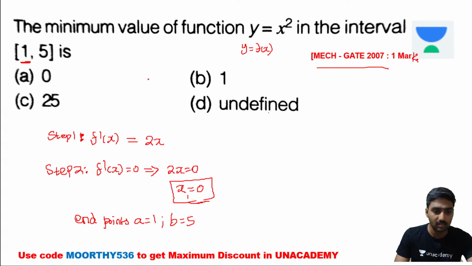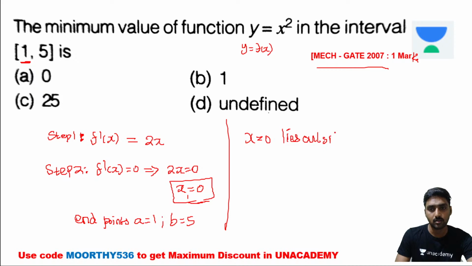It's not like that. Why? Because after identifying the critical number, we need to check whether the critical number lies inside the given limit or outside the limit. Here it lies outside the given limit.